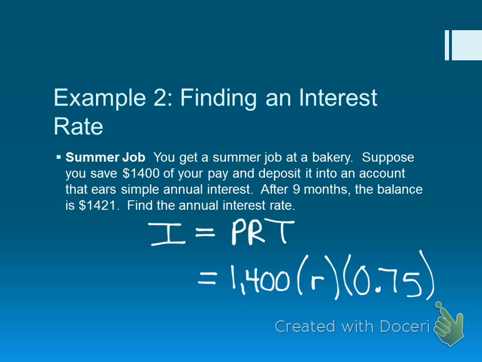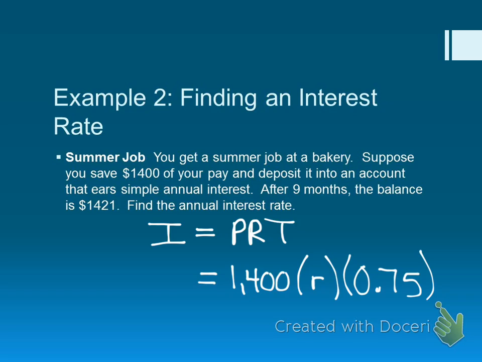Wait a second, I can't have two parts of it that I don't know. So I either have to know the interest or I have to know the interest rate, okay? So let's look back. If I had $1,400 at the beginning and I end up with a balance of $1,421, where did the $21 come from?